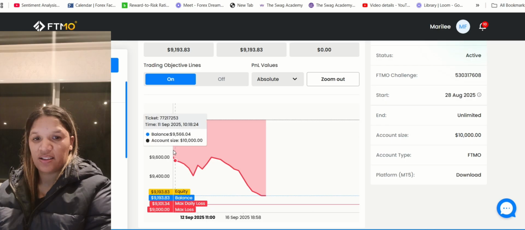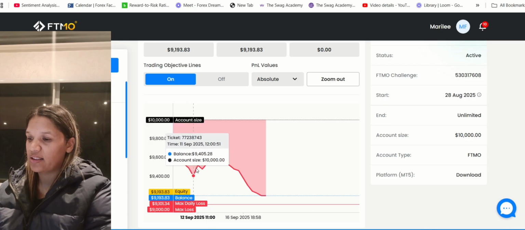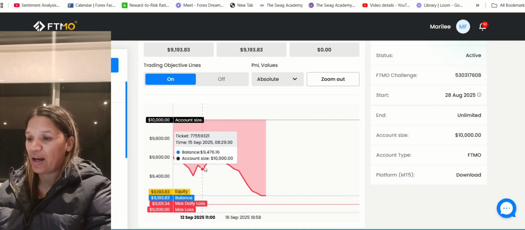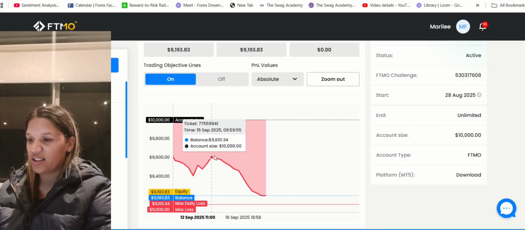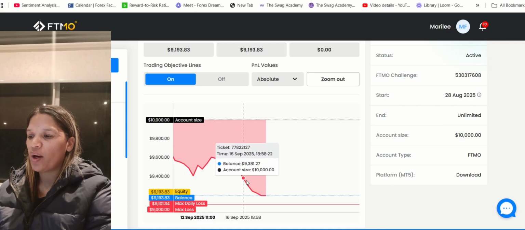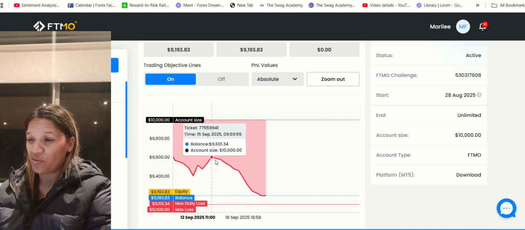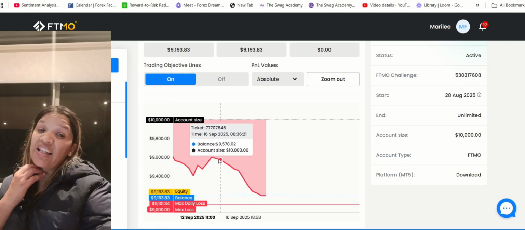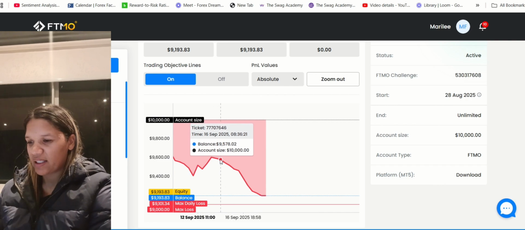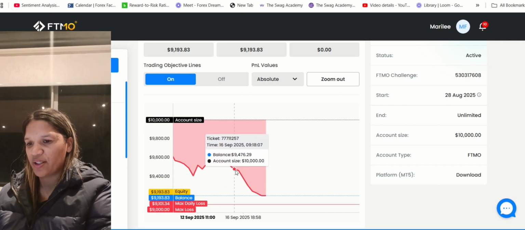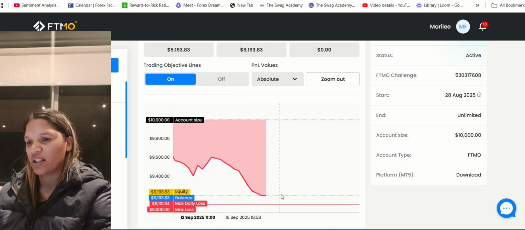I made some profits, then down, then I came up, and then it was just downwards from here. But the more you are in drawdown, like when I was in a drawdown of like 4%, that really played with my psychology. So yeah, that is what I was talking about in the previous video. So yeah, true transparency.